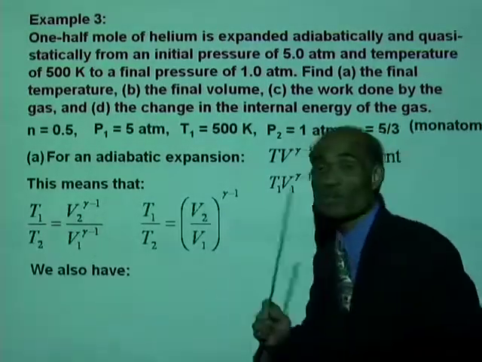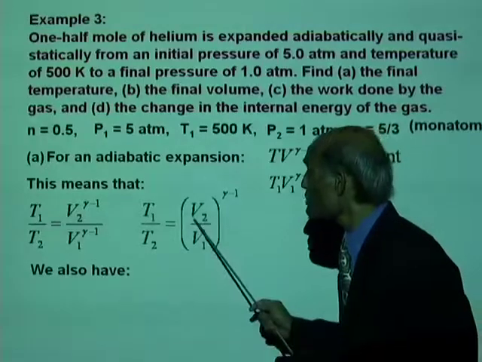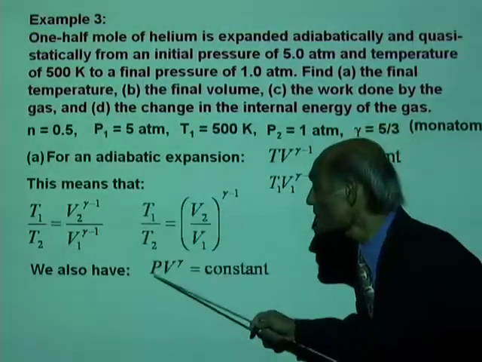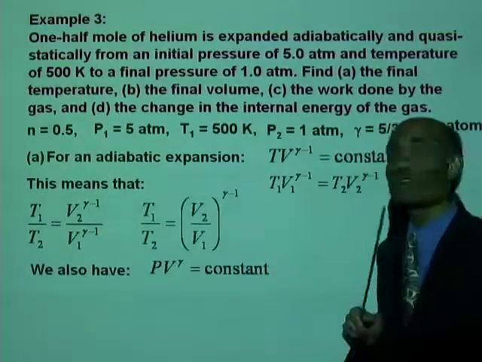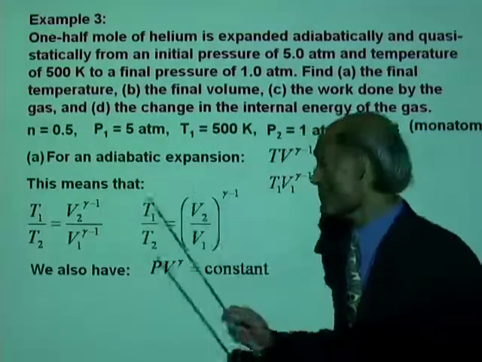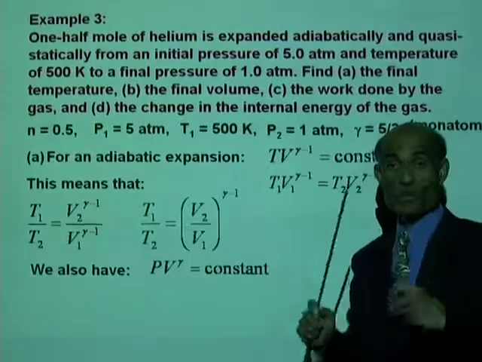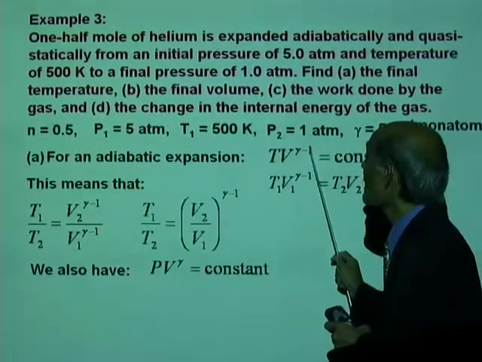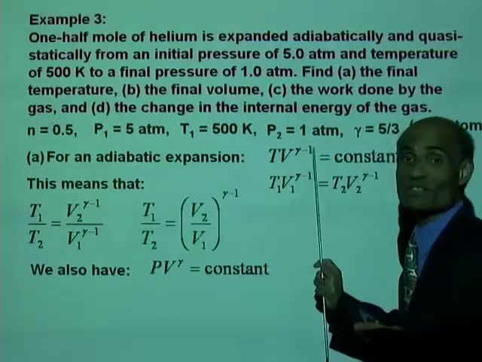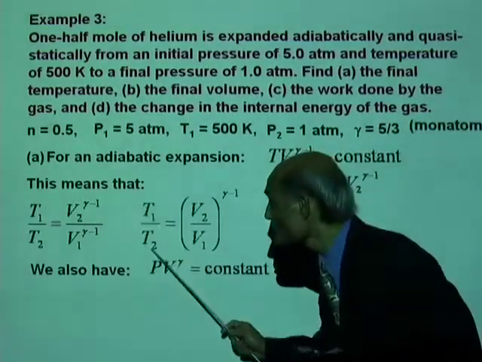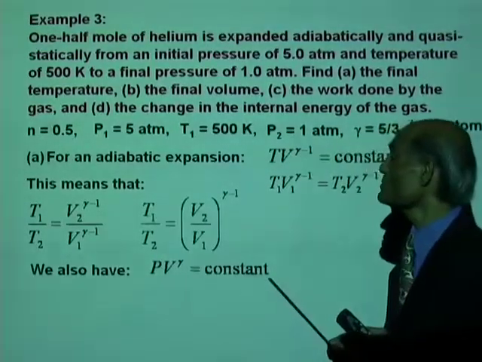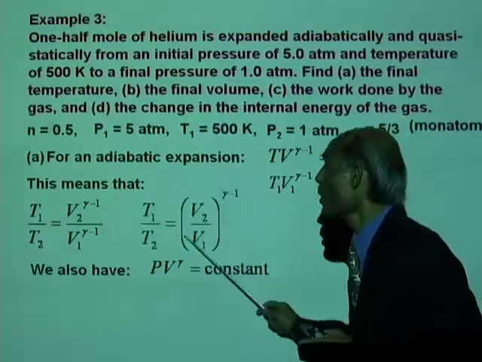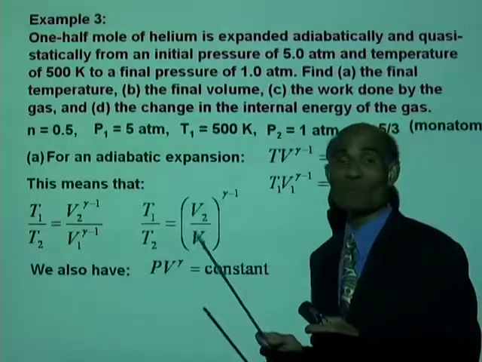That means this is not enough for us to look at. We also have P V to the gamma is a constant. You see that? We got two relations for adiabatic expansion. One is T V to the power of gamma minus 1 is a constant, and that gave us this relation: T1 over T2 equal to V2 over V1 all to the power of gamma minus 1.